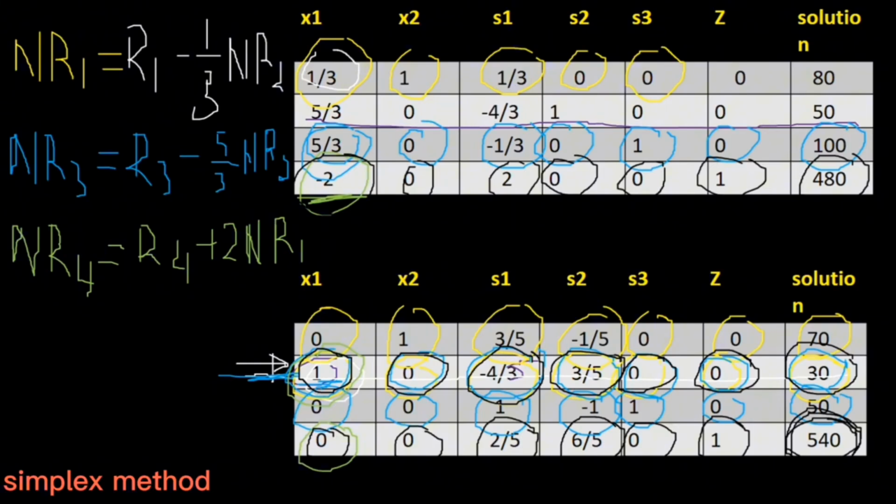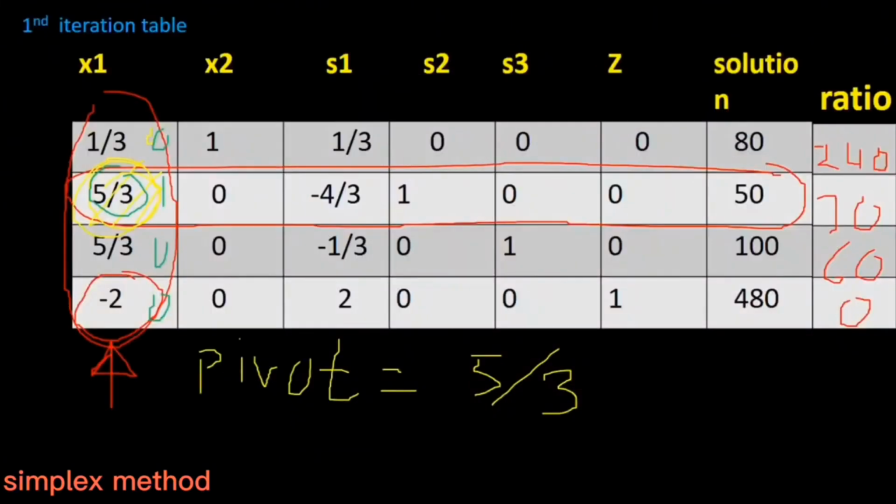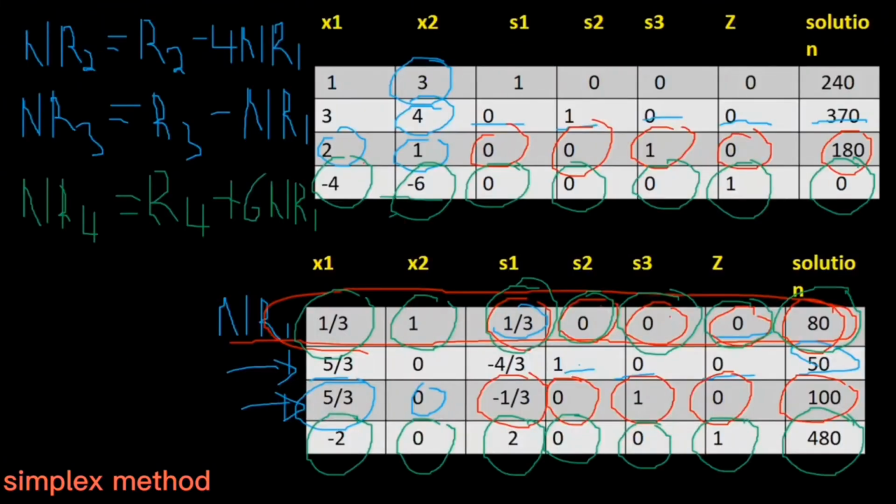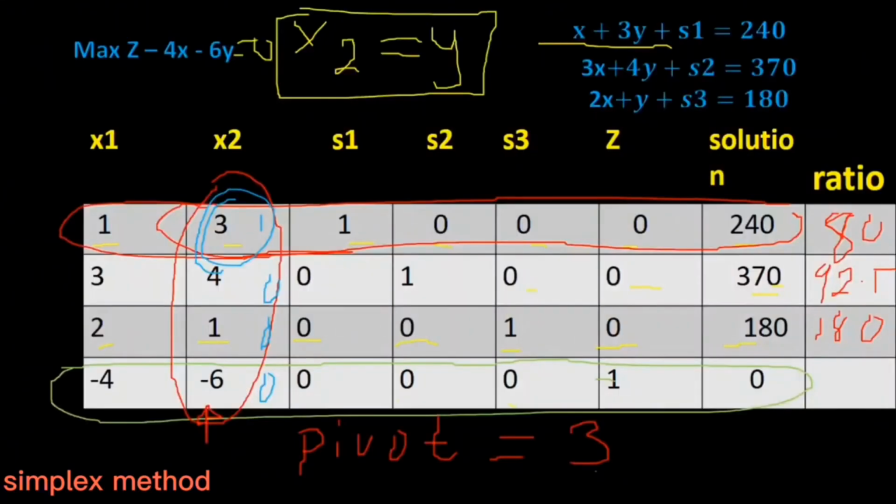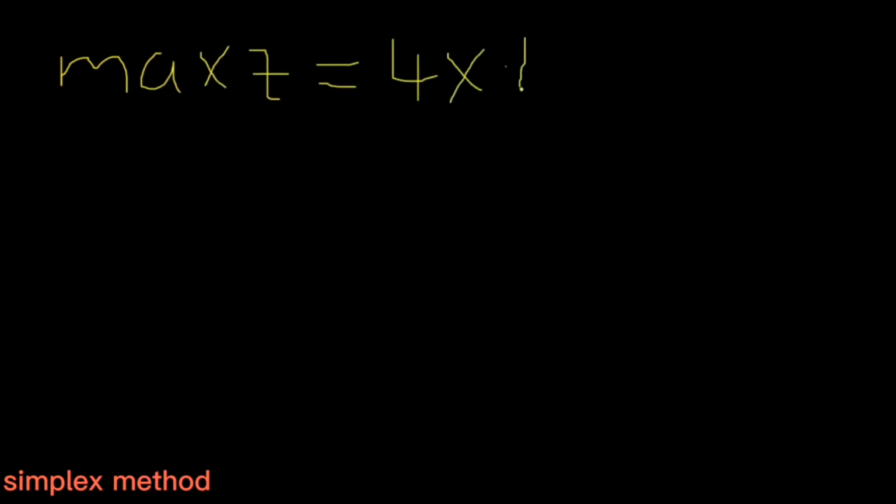Hope you understood well all this calculation and manipulation. I'm sure you're understanding it, because this is one of the best videos in solving this type of equation using the simplex method. Our initial equation was what? Let's come back a bit, sorry for that. We have max z equals 4x plus 6y.